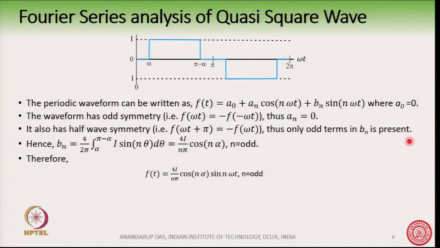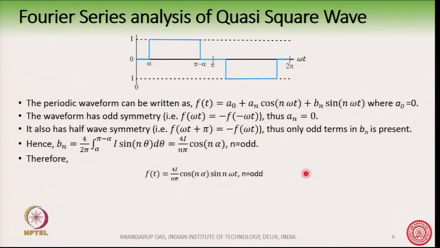So, we can now find Bn, because An is 0 and A0 is 0. Doing the integration, Bn is 4I by n pi cos n alpha, where alpha is the angle at which the quasi square wave changes: below alpha the quasi square wave value is 0, after alpha the value is I. So we can write f(t) as 4I by n pi cos n alpha sin n omega t.